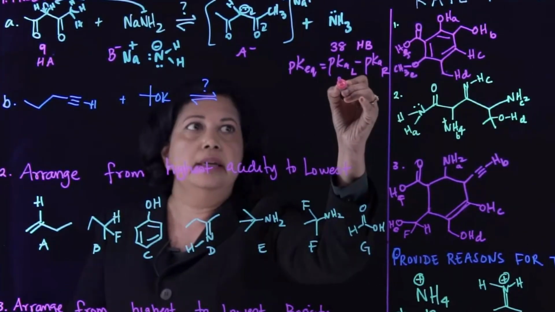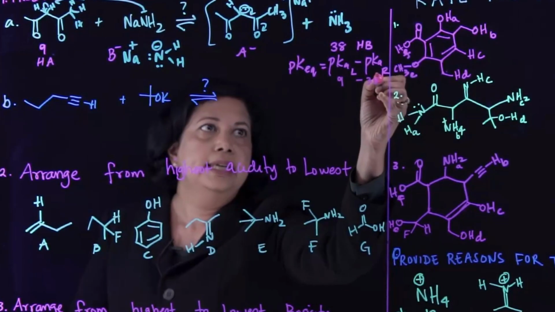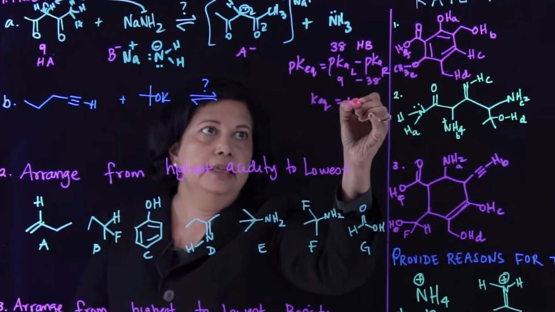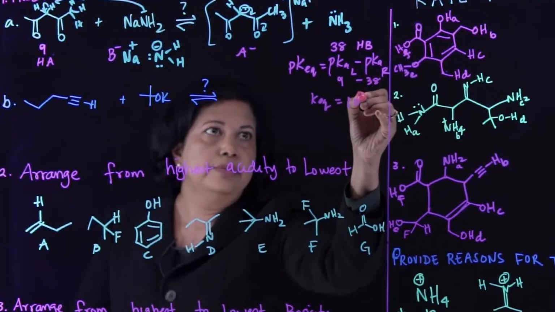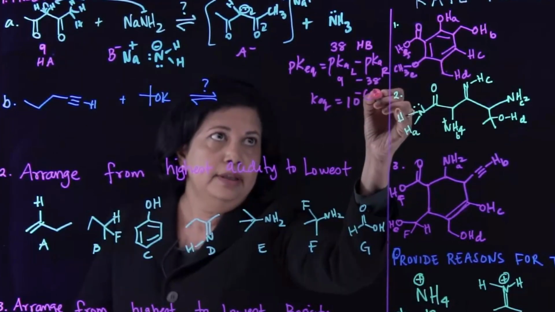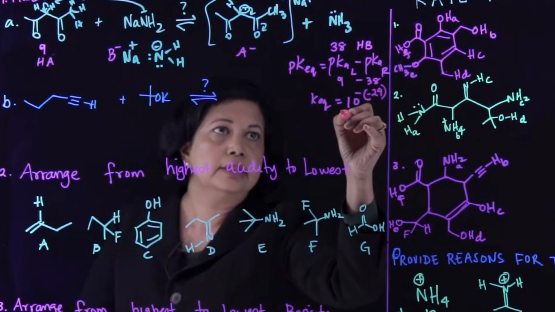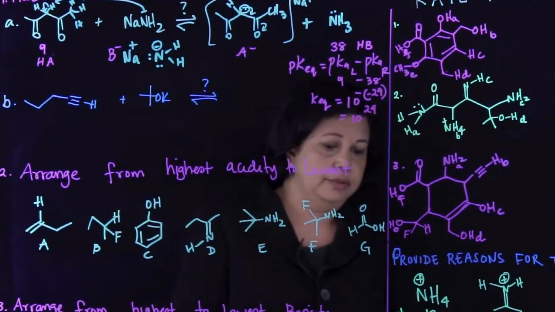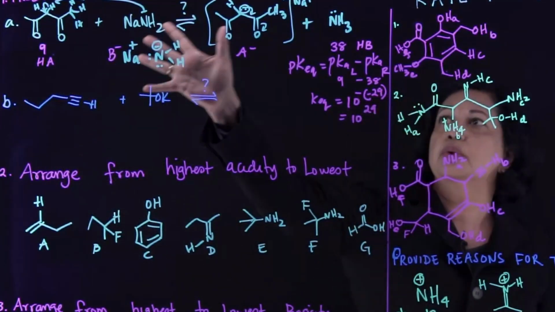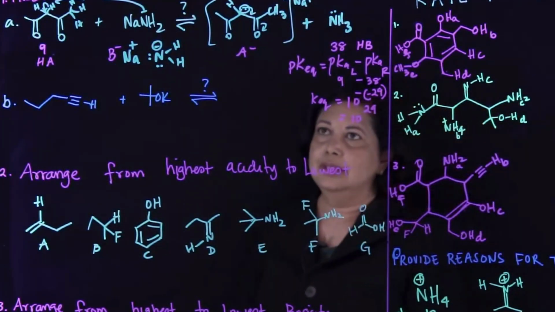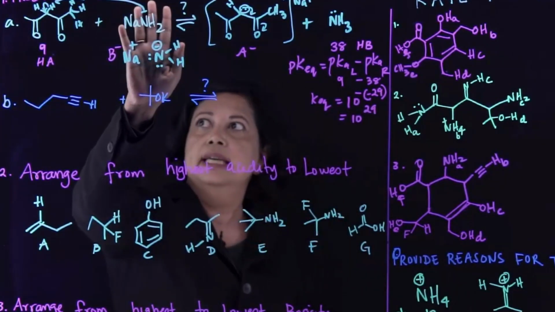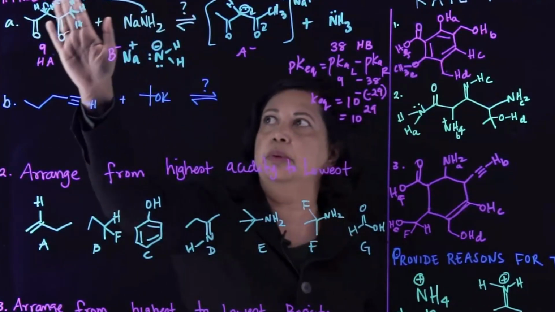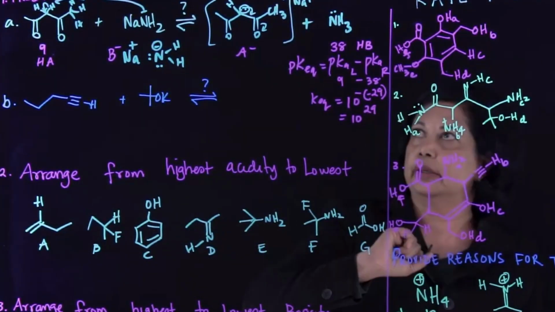K equilibrium is going to be 10 to the 29. It's going to go almost entirely over here. This is an extremely strong base, and this is not a strong acid, this is a weak acid, but it's a very strong base, but it'll protonate that completely and get it over here.